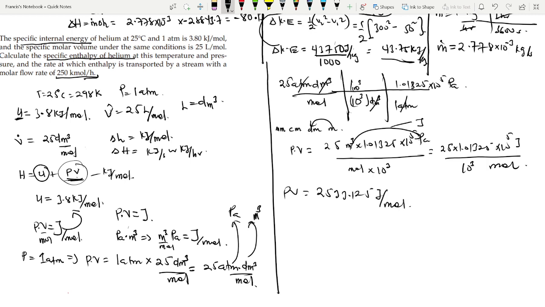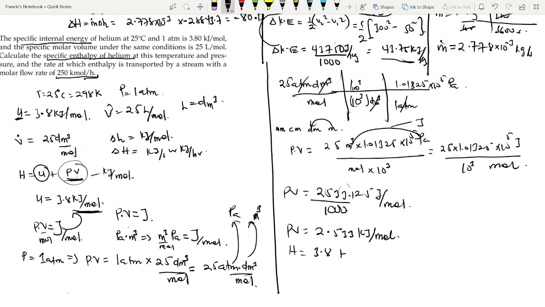Right. Now I want to convert this into kilojoules per mole because our U here is in kilojoules per mole. We just have to divide through by 1000. And then our PV becomes 2.533 kilojoules per mole.